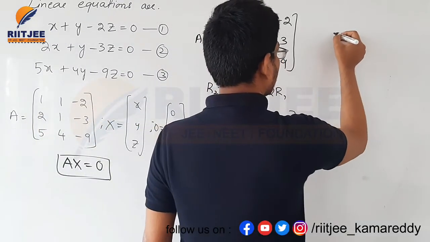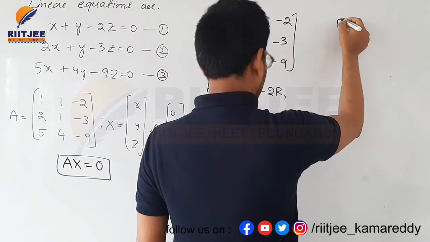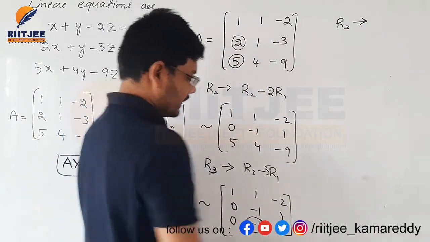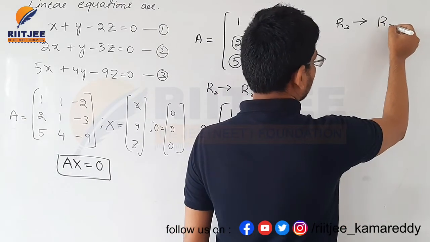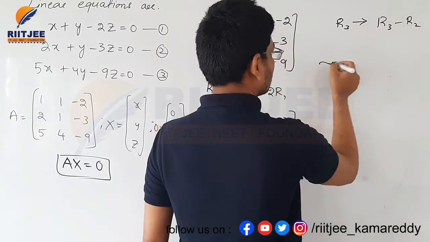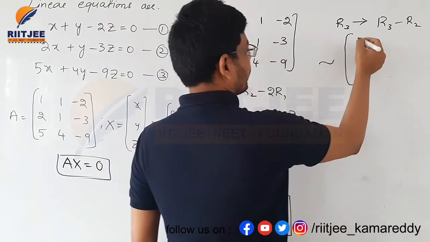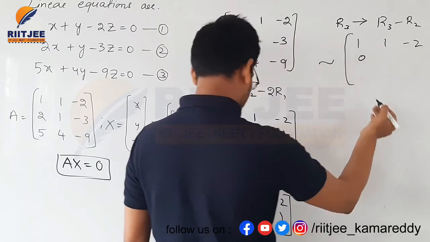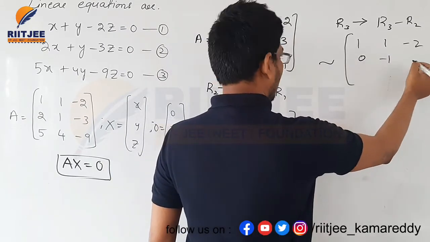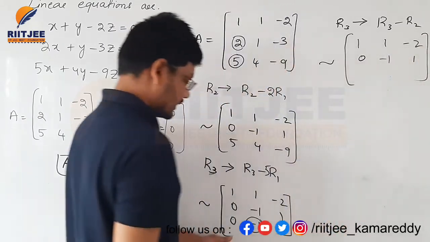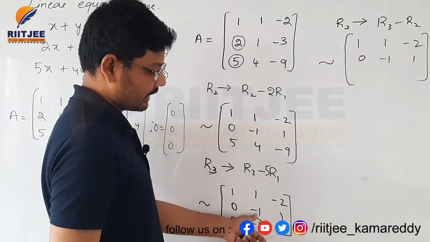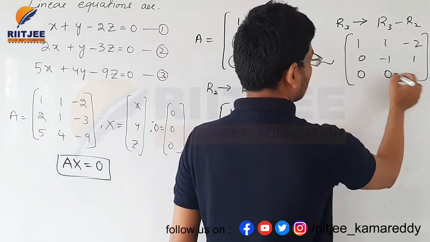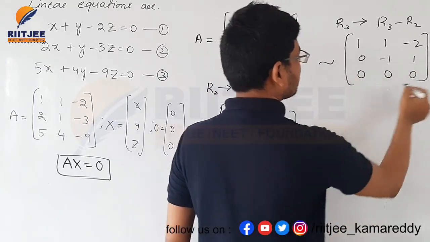So R3 is changed to R3 minus R2. R1 is common, and R2 is also common, that's why I am writing R2 as it is, and R3 is changed: 0 minus 1 minus 1 minus 1 minus minus 1, that is 0 0 0. All terms here become 0.